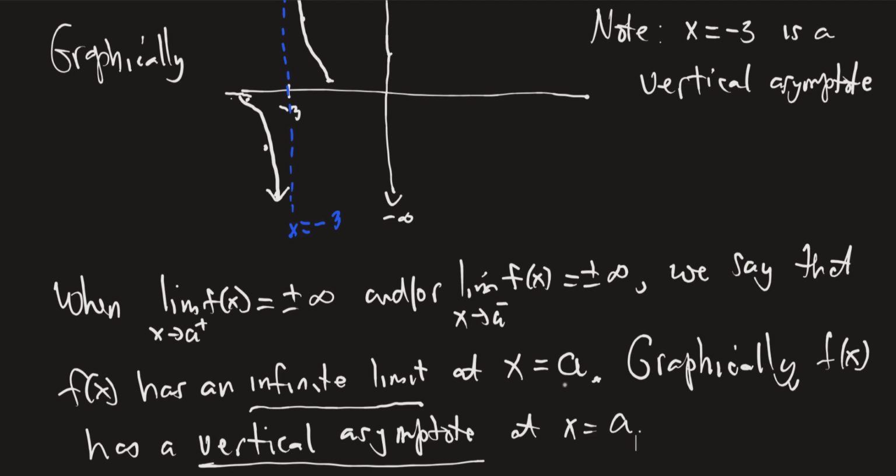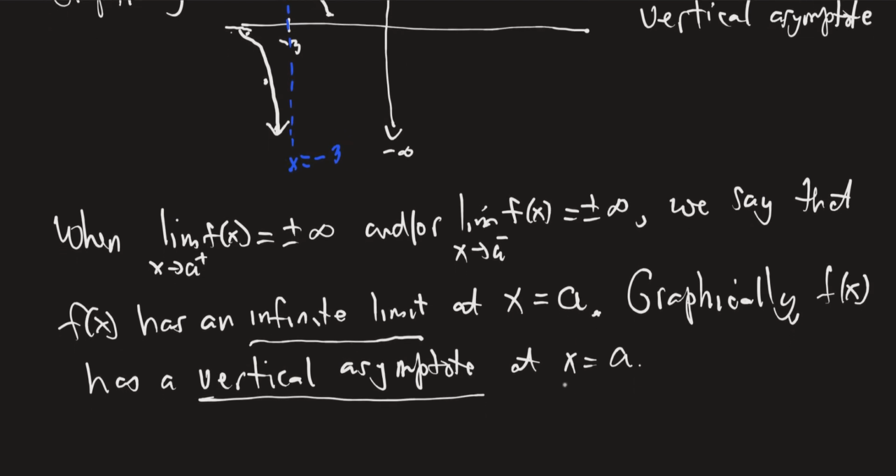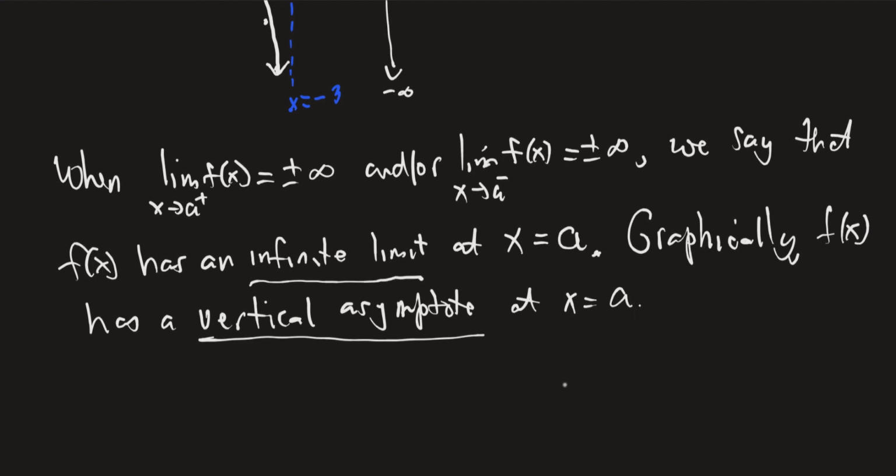Okay, so it's not a difficult thing to observe if you have a table or a graph in front of you. But what happens if you try to evaluate one of these infinite limits using only algebra? So let's go back to using this same example. So let's now look at it algebraically. And how can we make sense of this?